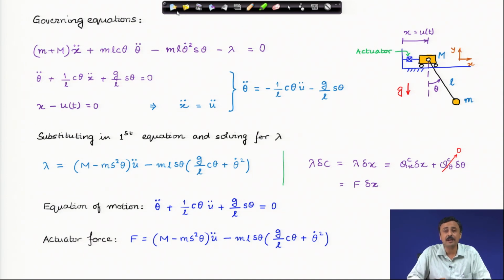Therefore, we have the actuator force, and you will notice here that it depends on the given time function. Of course, it will. The actuator force will depend on the given time function and of course, the coordinate theta. Our two equations are therefore only here. We have eliminated x by using the constraint, and also in the process determined lambda, and that happens to be the actuator force.